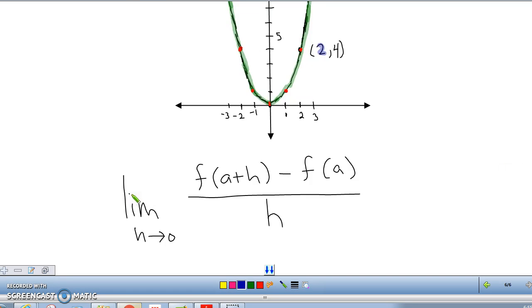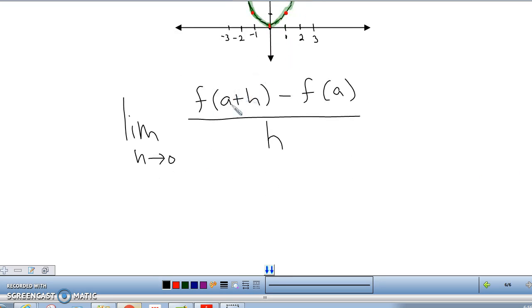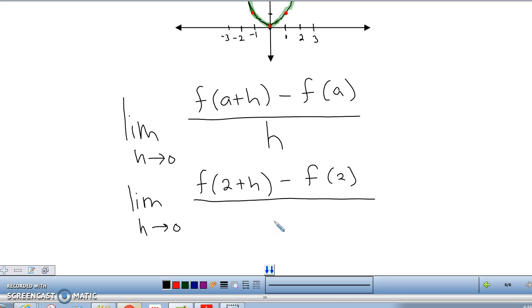So here we have the limit as h approaches 0 of f of a plus h minus f of a over h. Well, if a is 2, this is just the limit as h approaches 0 of f of 2 plus h minus f of 2 all over h.